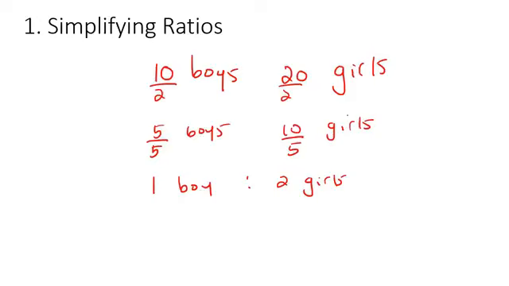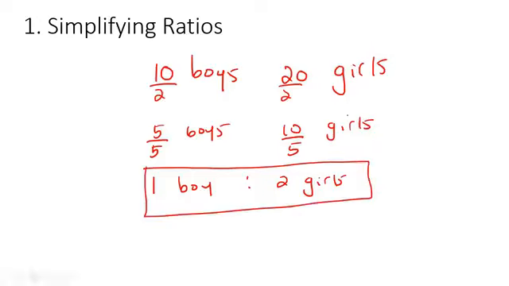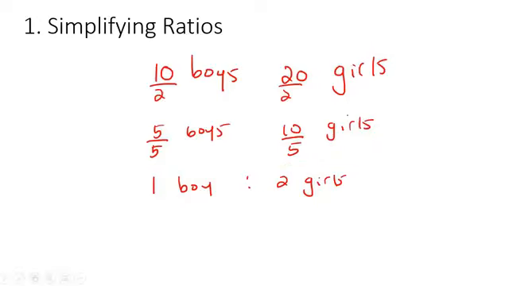So in your class, there's 10 boys and 20 girls. So the ratio is 1 boy for every 2 girls. That's what a ratio means, okay? It's the simplified version. So that is what we're going to be looking at in this lesson.